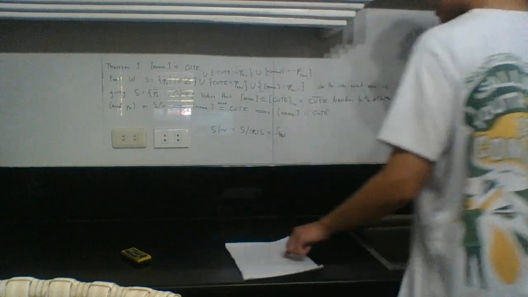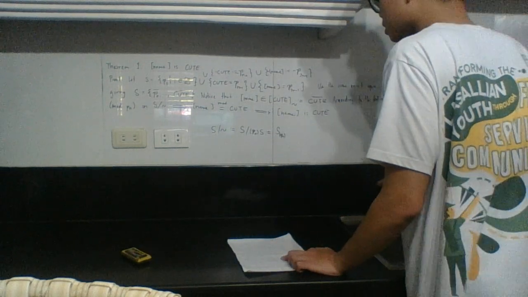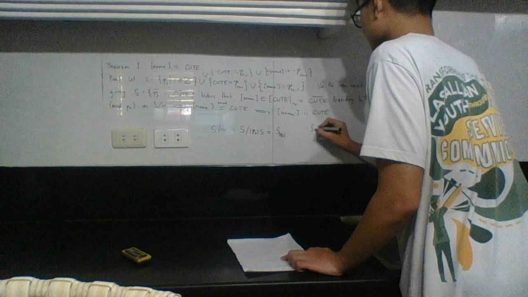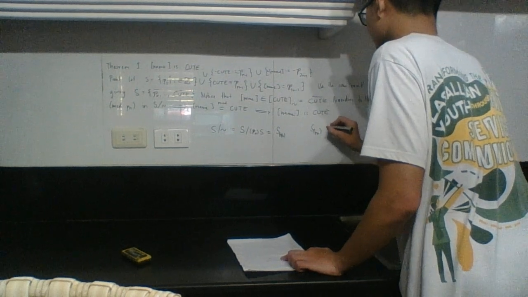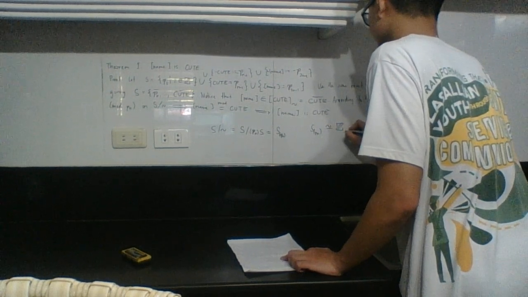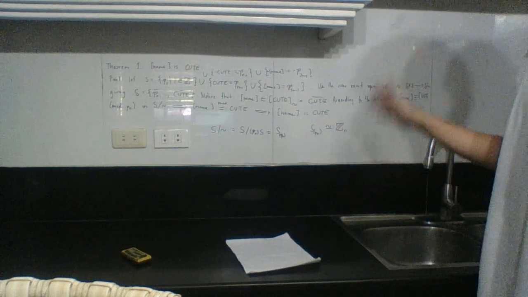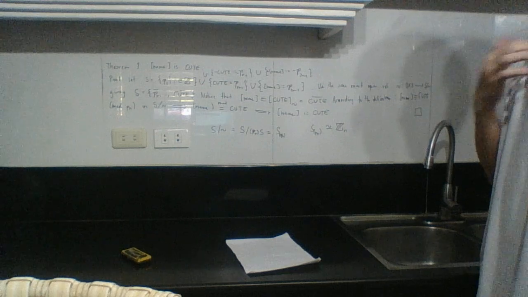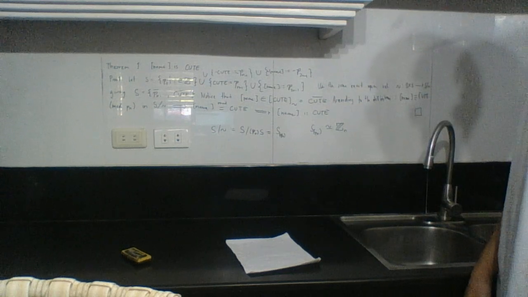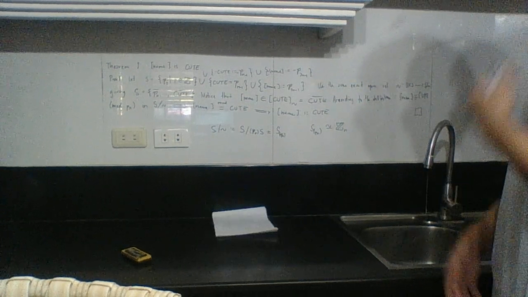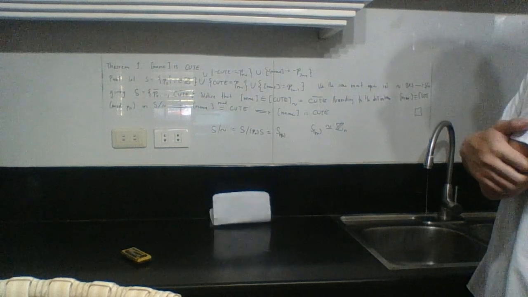And lastly, last footnote, S sub pn is isomorphic to the integers mod n. And this is the exercise I'm going to leave you guys with. The tip is to use the lemma a while ago, and the proof of that lemma. So this is our first theorem.